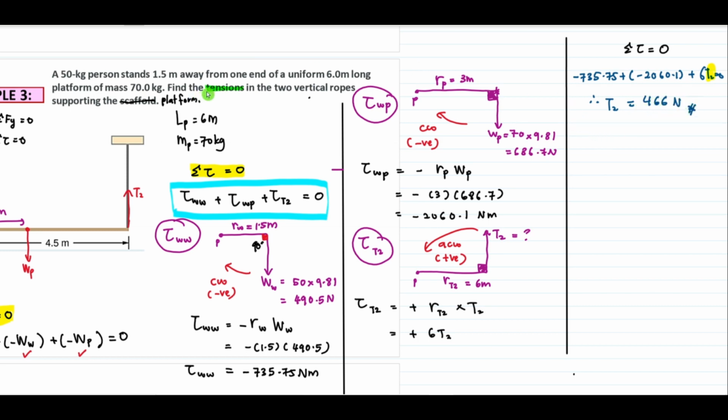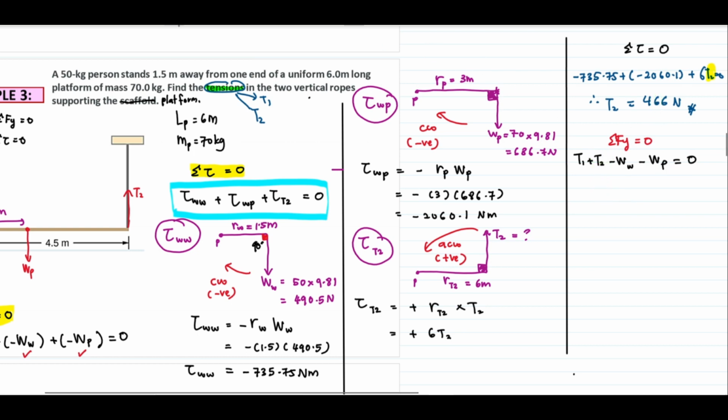Okay, the question asks to find the tensions. There are two, T1 and also T2. So I have got T2. So where do I get T1 from? T1 from total Fy is equal to 0 earlier. Remember? T1 plus T2 minus W, weight of the woman, plus negative weight of the platform equals 0.